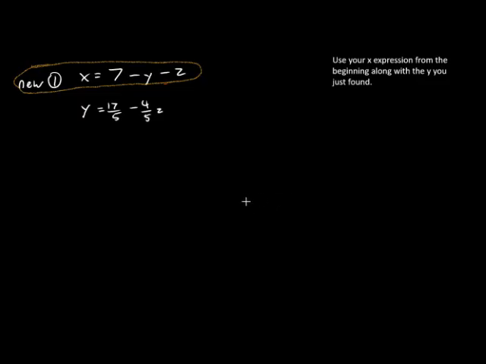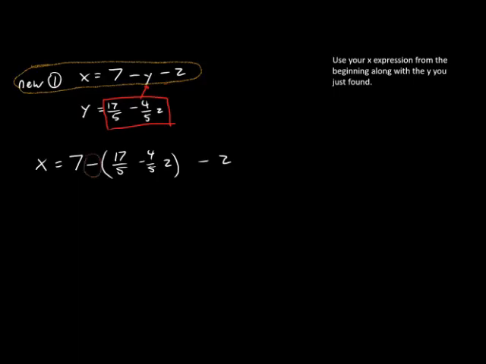On this slide, I've copied our x from before and the y we just found. Now we're going to replace the y in our old equation with the new y we found. We'll place this set of fractions in for y. When we do so, we will have x equals 7 minus 17 over 5 minus 4/5 z minus z.